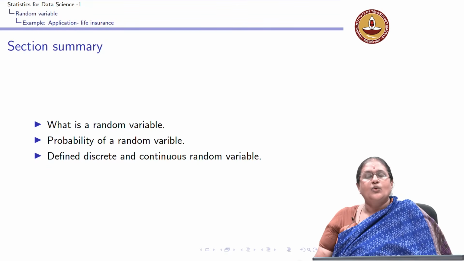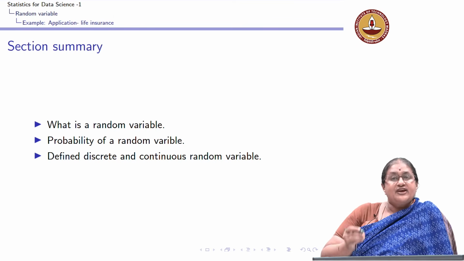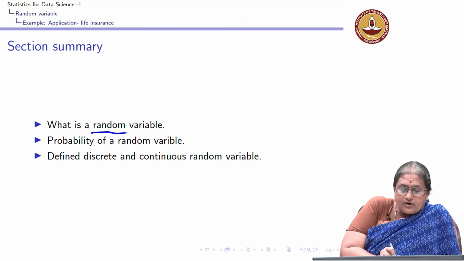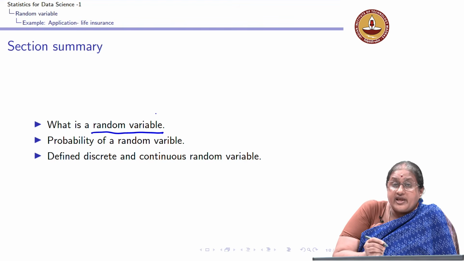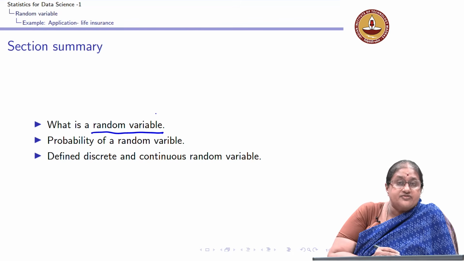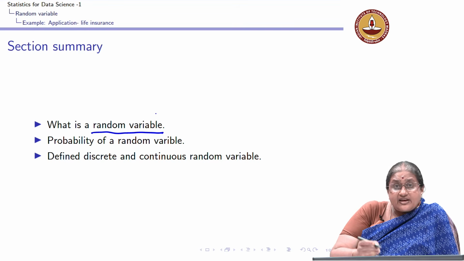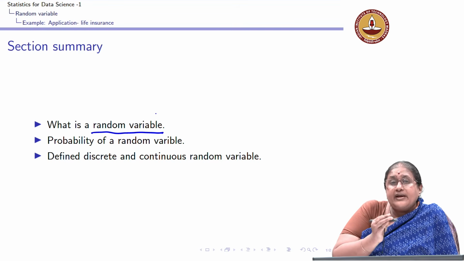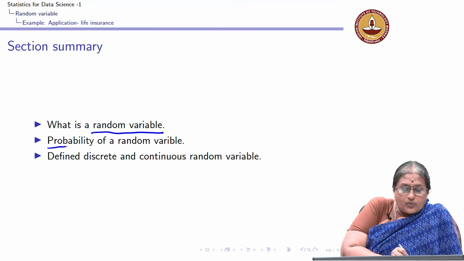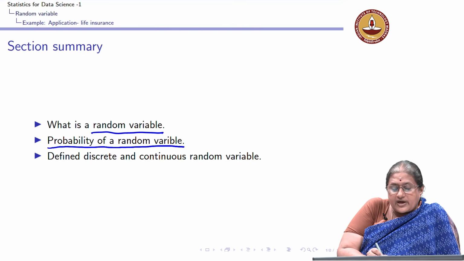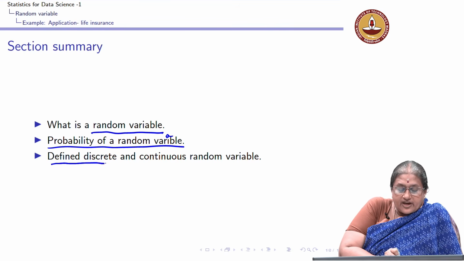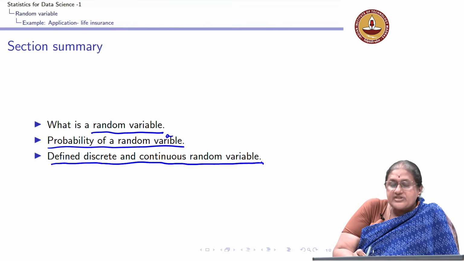So, in summary, what we have learned in this module is we introduced the extremely important concept of what is a random variable, namely a numerical quantity associated with outcomes of a sample space, and then through mapping it to relevant events from the sample space, we computed what was the probability of a random variable. This is what we did. Then we defined what are discrete and continuous random variables.